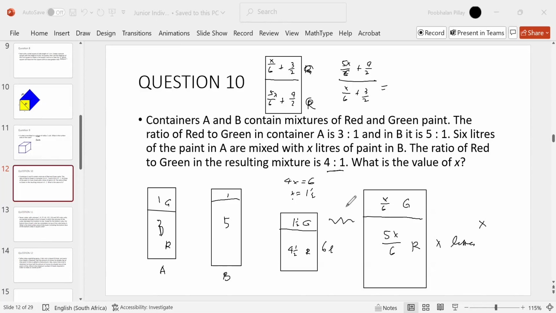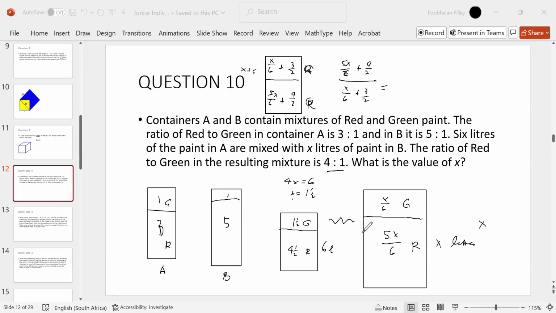Okay? All right, so I just want to check here. You see, how much paint have you got here altogether? You got x over 6 plus 5x over 6. That is 6x over 6, which is x. And here you got 3 plus 9, which is 12/2, which is 6. So altogether you got x plus 6 in this mixture.